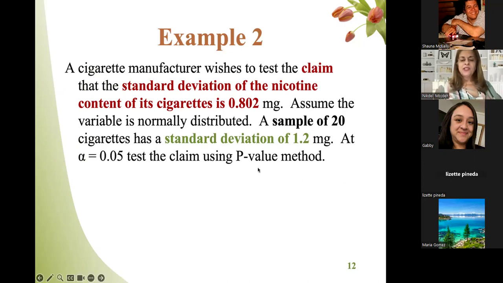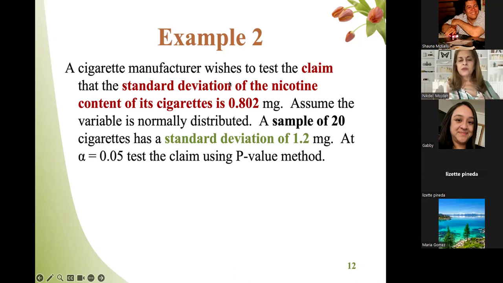My last sentence is a very short sentence. It says at alpha equal to 0.05, test the claim, and in the same sentence it's telling me to use the p-value method. So it's not giving me any information about the claim. The claim is going to be in the beginning of the problem, in this example, the first sentence. I look at the claim sentence and ask, what is my parameter?